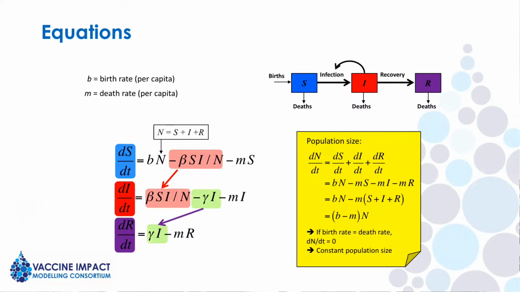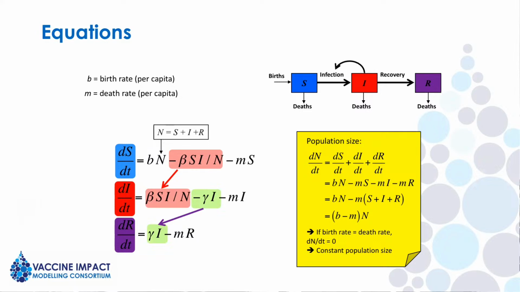In this case, we're no longer necessarily dealing with a population size that stays the same. In the previous example, there was nothing that was going to change the population size. It was completely enclosed. But here, we've got people being born, and we've got people dying, and they might be at different rates. So the way we understand how our population size might be changing is by looking at these equations. We know that everyone in the population is either susceptible, infected, or recovered.